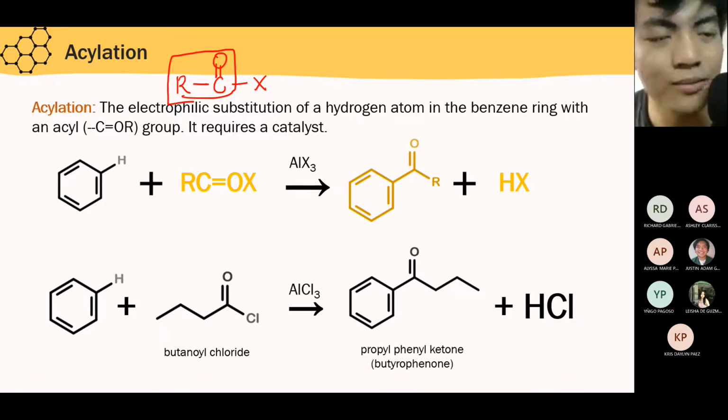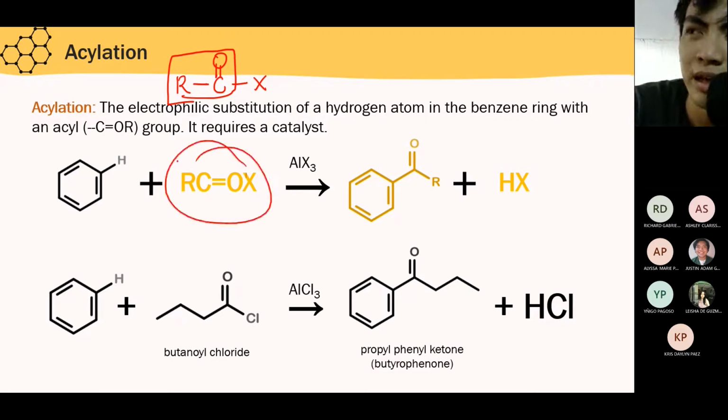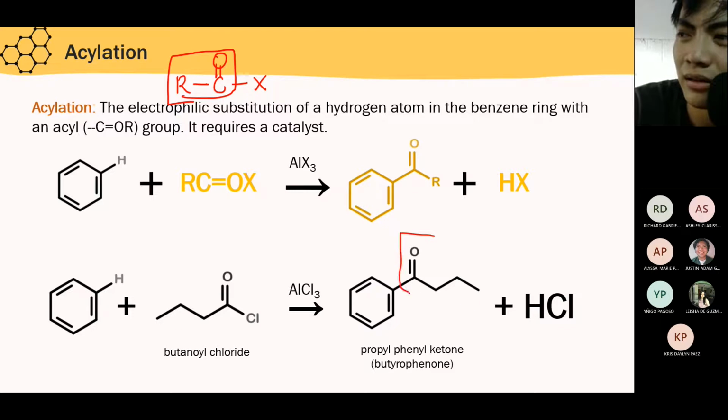So, kunwari gusto mo ng mga ganong compounds, yung may carbonyl group connected to the benzene, then you need an acylation reaction. Okay? So, paano mo malalaman kung anong reagent yung ihahalo mo? Anong R group yung ihahalo mo? So, basically, tingin ka lang sa product. Then, yung benzene, palitan mo muna siya ng halogen.